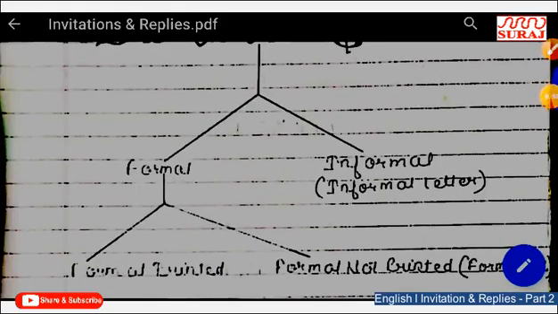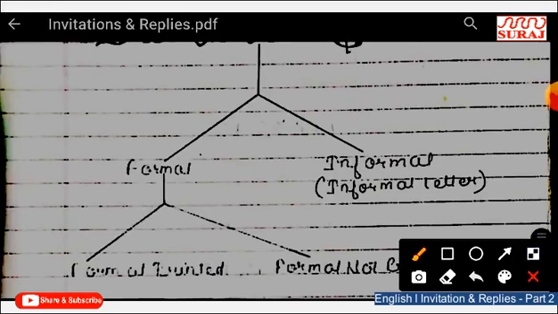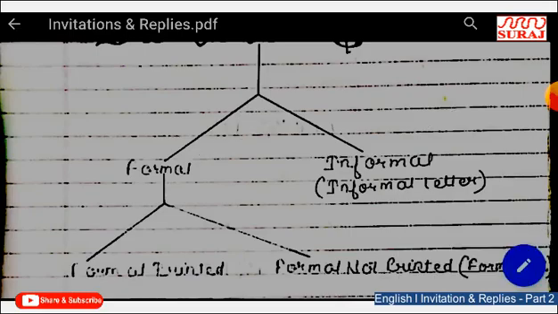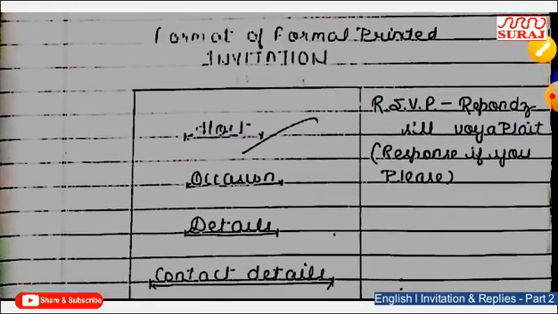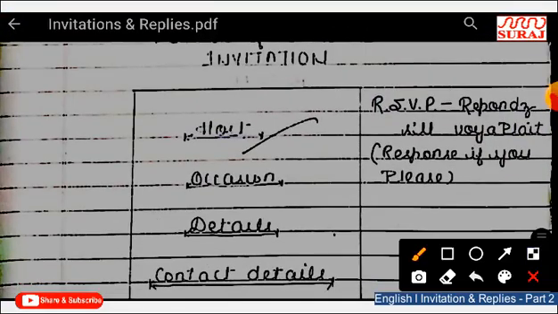Invitations are of two types, formal and informal. Formal invitation we can divide into two parts, formal printed, formal not printed. Okay. This is the structure of formal printed invitation.